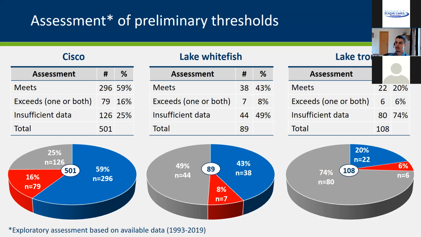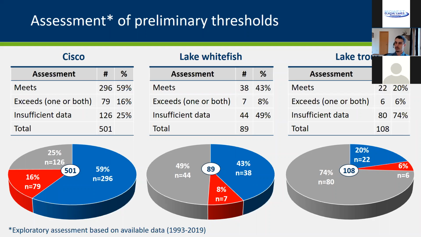So Lake Whitefish and Lake Trout lakes seem to be doing pretty well. A lot of those lakes we don't have any data for, and that's because a lot of them are in remote areas, like the Boundary Waters Canoe Area Wilderness. So we could assume that many of those are probably doing okay, at least in terms of impacts from anthropogenic eutrophication. Climate change, those lakes may be at more and more risk over time.